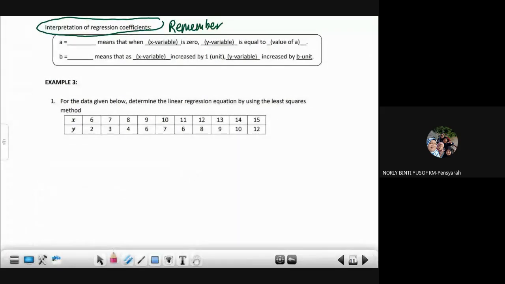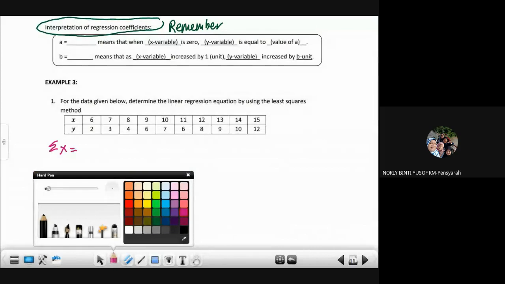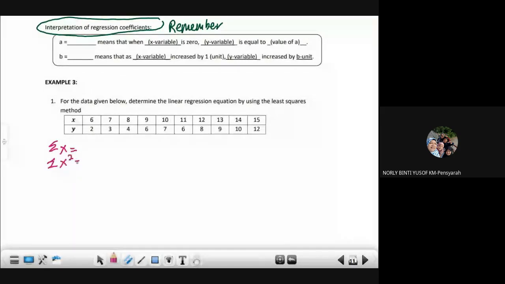Yang pertama summation X, summation Y, summation X squared, summation Y squared dan juga summation XY. Boleh guna calculator untuk cari ataupun you nak buat manually, is up to you. Just value dia. N dah tahu 10.